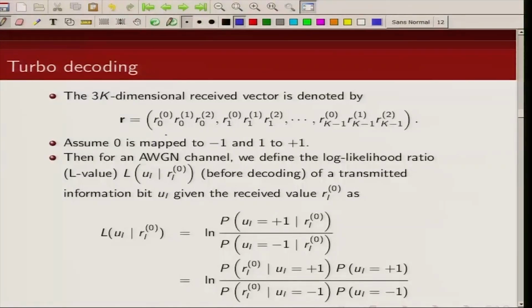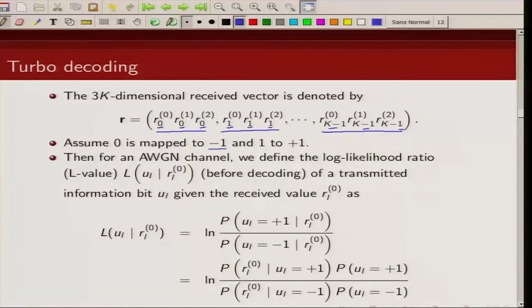At each time instance, this is my time index, time 0, time 1, up to time k minus 1, I am getting this 3-bit information, which is the information bit, the first parity bit and the second parity bit. Remember, this is a rate 1/3 code. So, if you have an information block of k, you will get 3k coded bits.